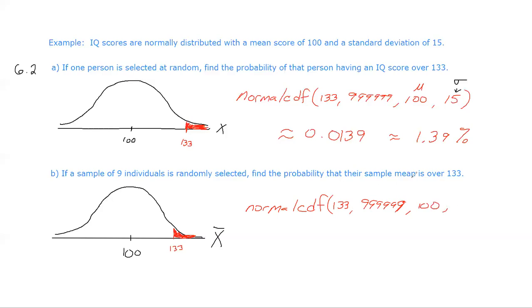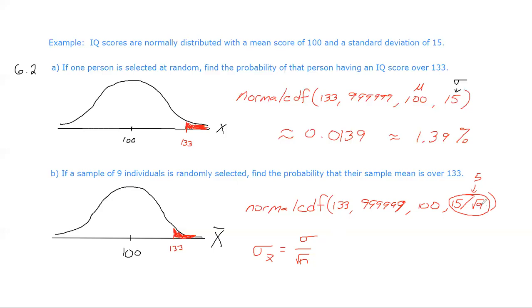Now for the standard deviation, remember that sigma of x bar is equal to sigma divided by square root of n. So I'm going to type in 15 divided by square root of 9. Now, I know that 9 is a perfect square in this case, and 15 divided by 3 is 5, so you could just put 5 right here instead of this whole expression.